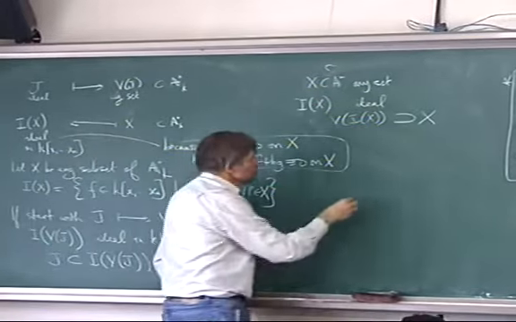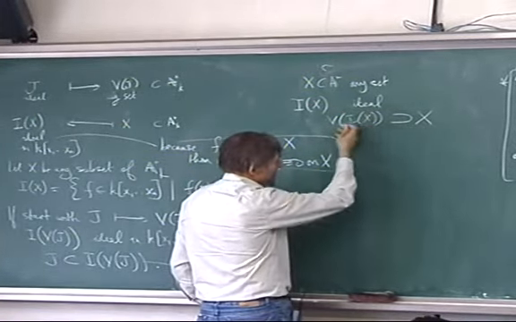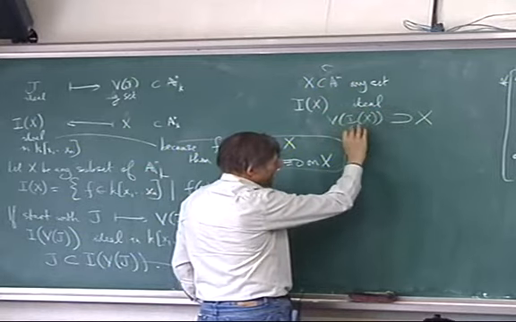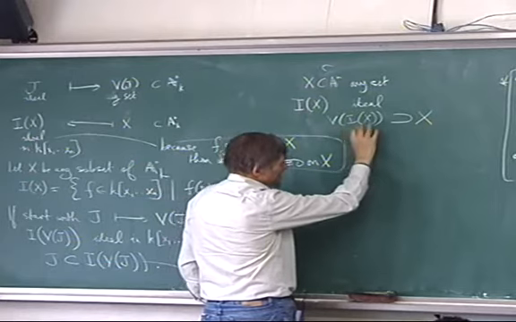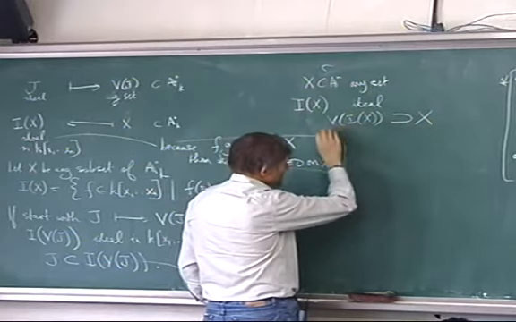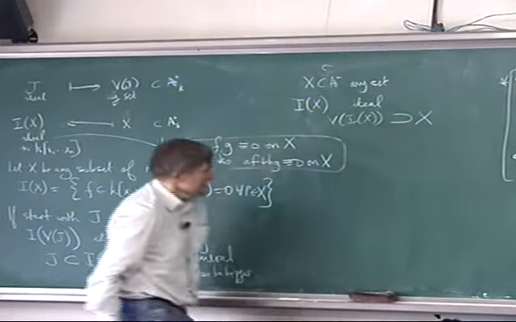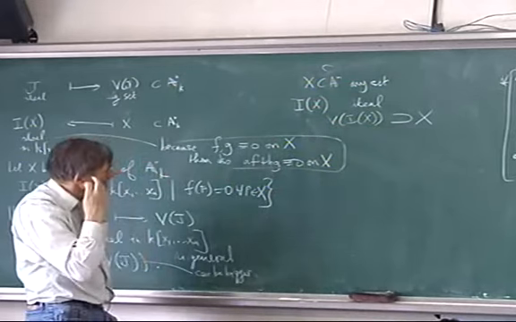Because the ideal I of X is the set of polynomials that vanish on X, and then I do V of that, so I take the set of points where all of those polynomials vanish, that certainly includes X, right? But it might be much more.